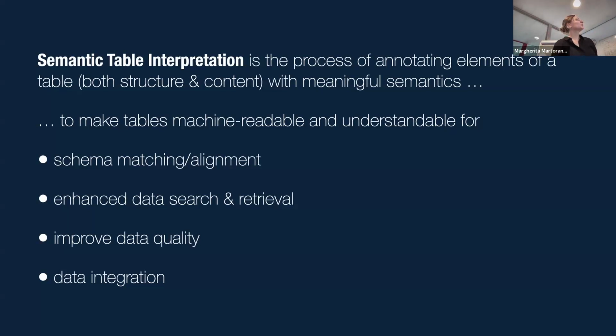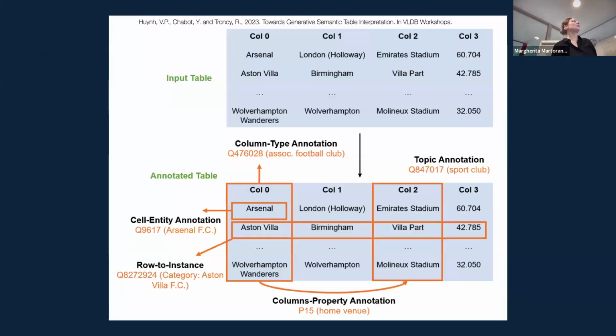So we went to look at what are the common things done in semantic table interpretation. These are some of the tasks, like column type annotation and cell entity annotation. We want to add all of these important semantics to our table so that we can reuse it and map it to other things.